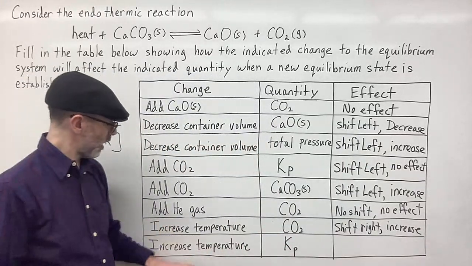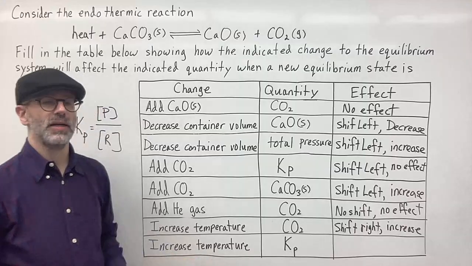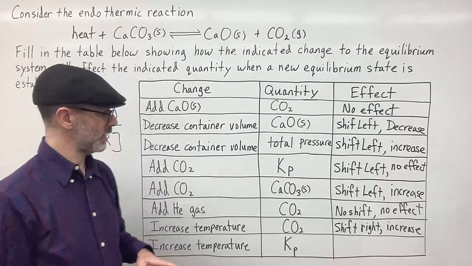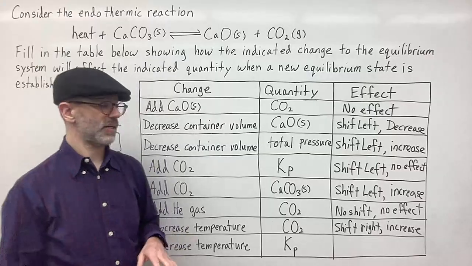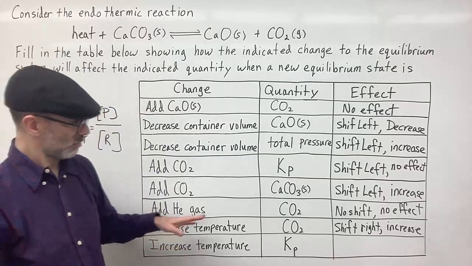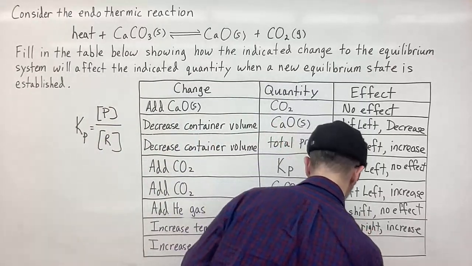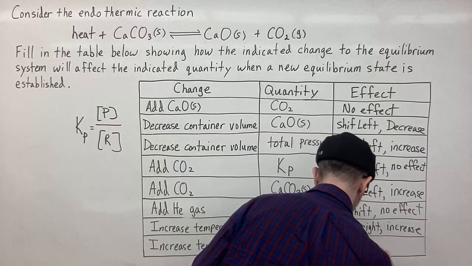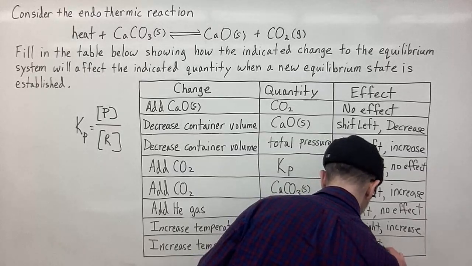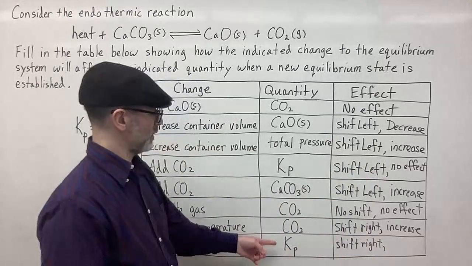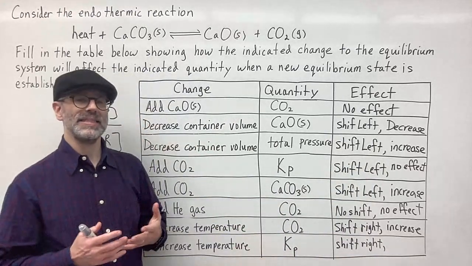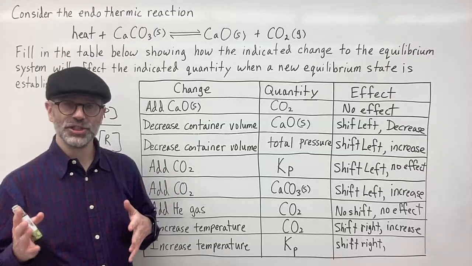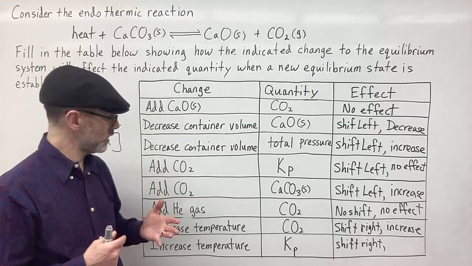And finally, the last one, increased temperature again. What effect is it going to have on the equilibrium constant? And in this case, it is going to have an effect on the equilibrium constant. So again, the same idea here. It's going to shift right. And we want to know what's going to happen to the Kp. Well, in this case, you're not changing any of the concentrations directly in changing the temperature.